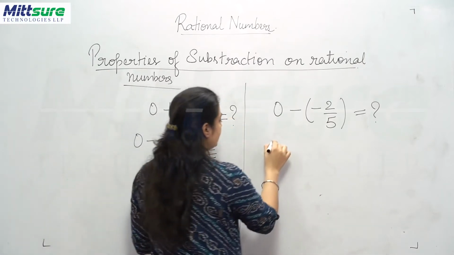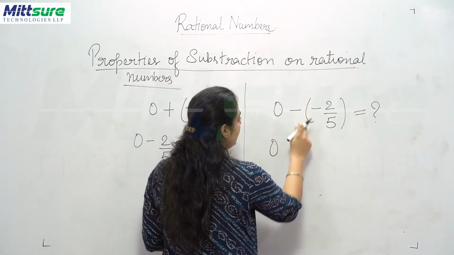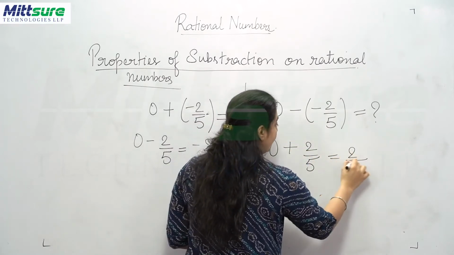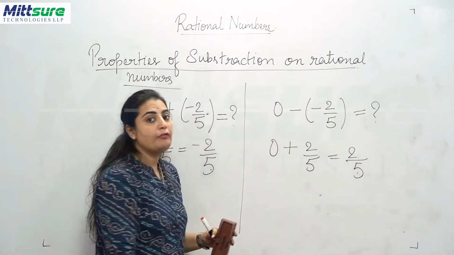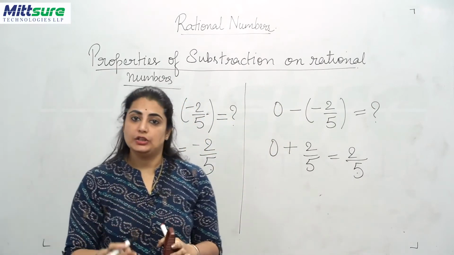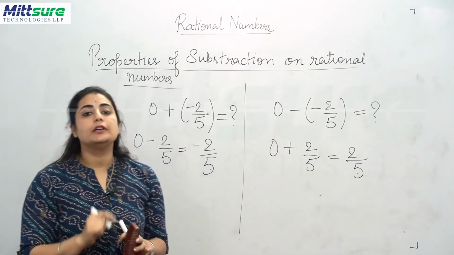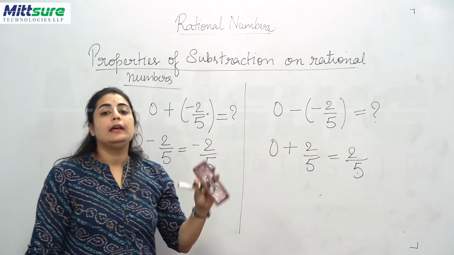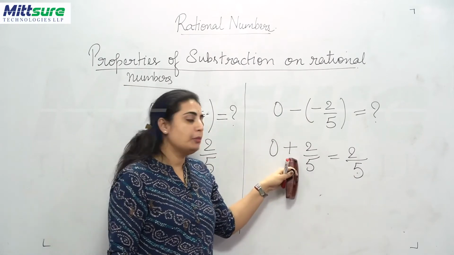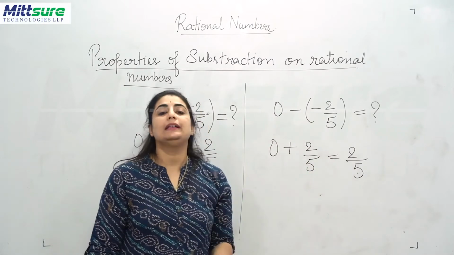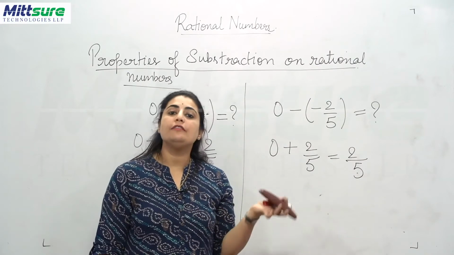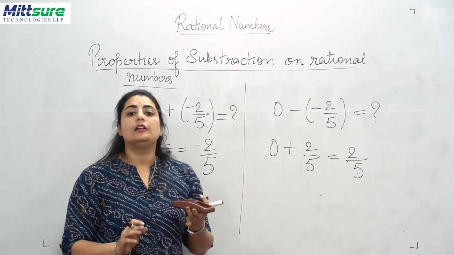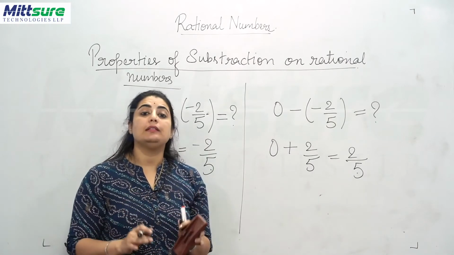But in this case, when minus and minus are multiplied, it will be 2 upon 5, and the negative sign of the rational number gets changed. That means whenever you subtract any rational number from 0, the sign changes and it becomes a positive rational number. While in the case of addition, it will not get changed. It will remain the same.